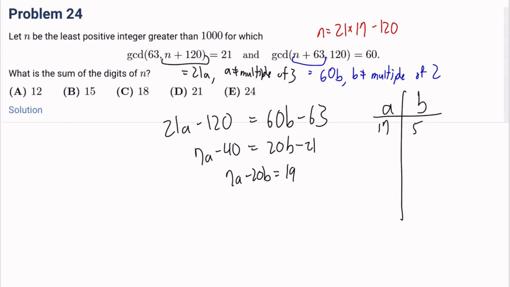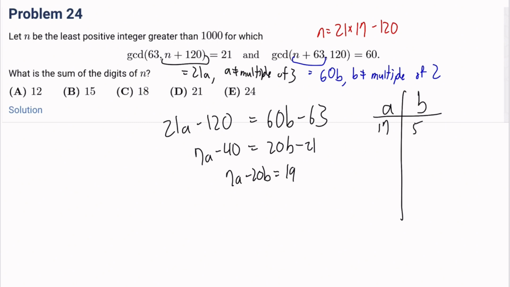Since we have 17 and 5 established, what we can do is add 20 to a and add 7 to b, right? Because a increases by a factor of 7 and b increases by a factor of 20, so to balance this out, if we add 20 and add 7, it will all be the same and make it equal to 19 again.